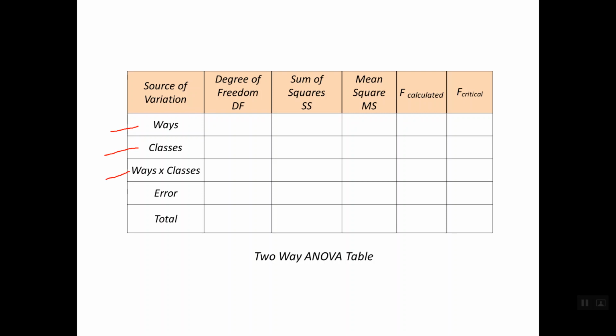Also, the table contains the degree of freedom and sum of squares, SS, the mean square, MS, and finally we can calculate the value of F, and we will compare this value with another critical value, which is called the critical F. So this is the table which we should fill in.